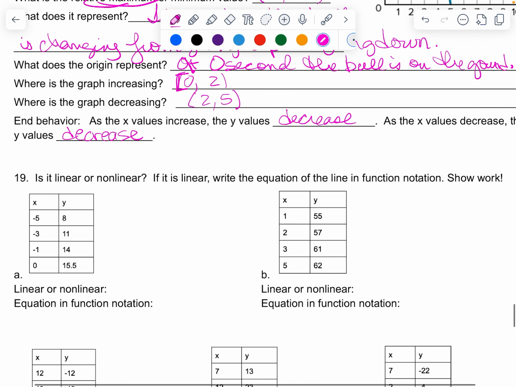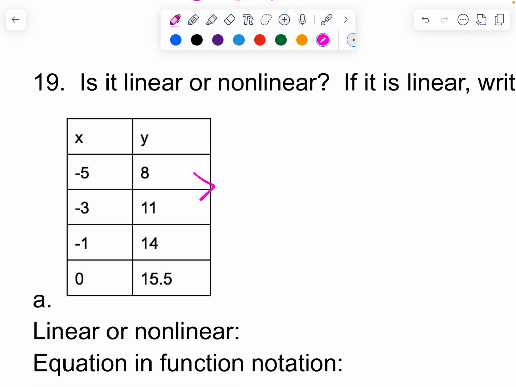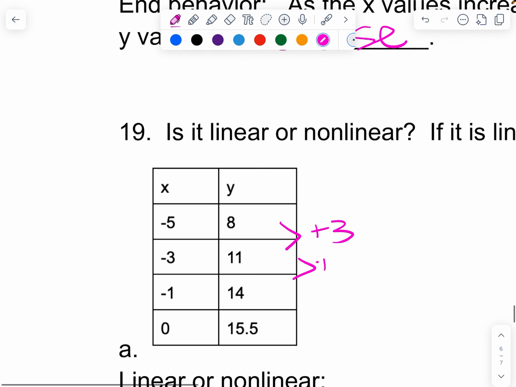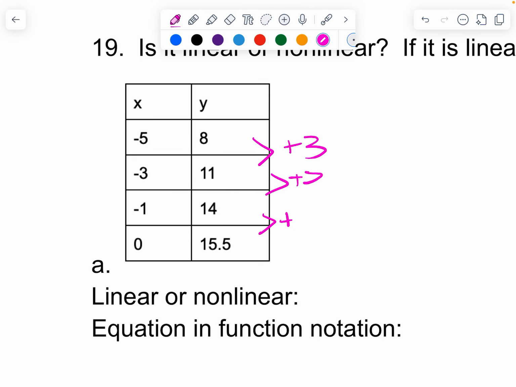Is it linear or nonlinear? Well, let's see. Goes up by 3. Up by 3. Up by 1.5. This one goes up by 2, up by 2, up by 1.